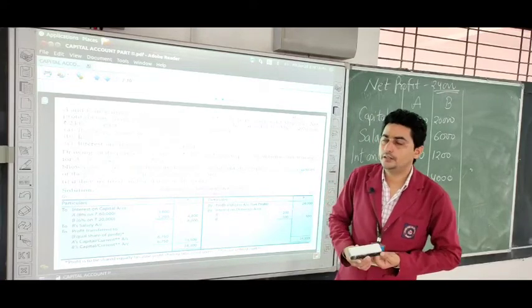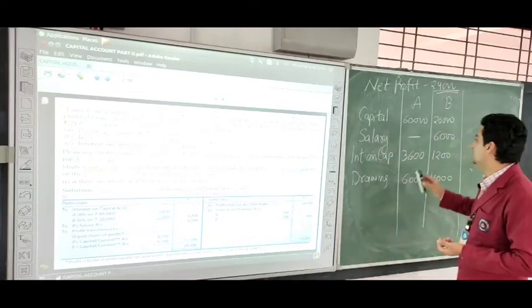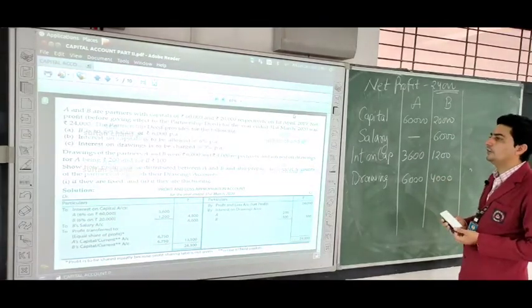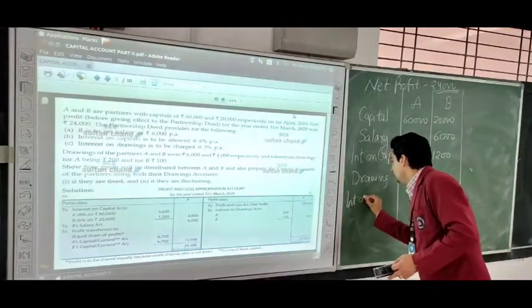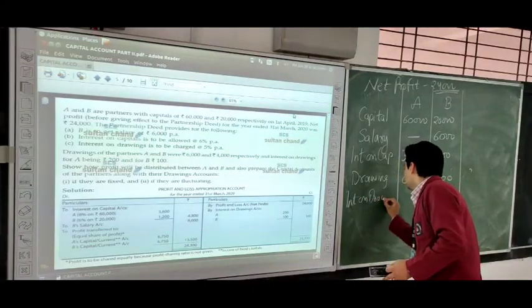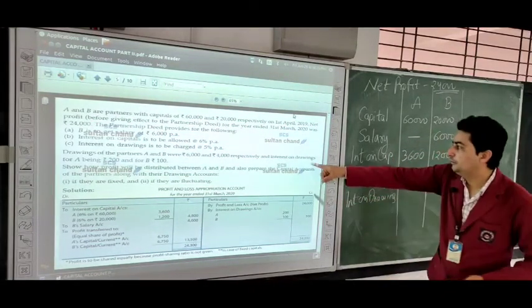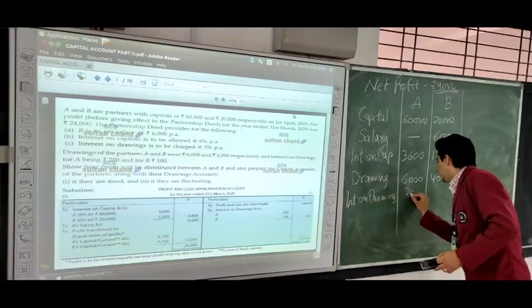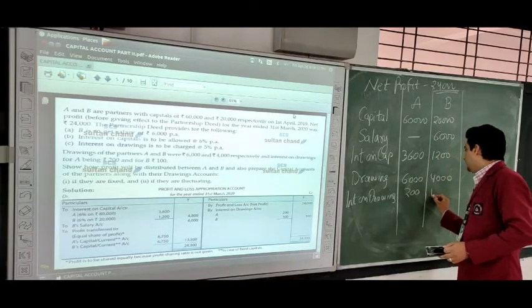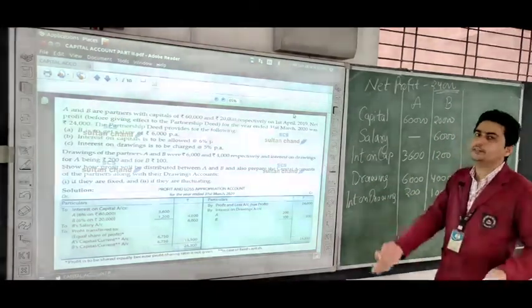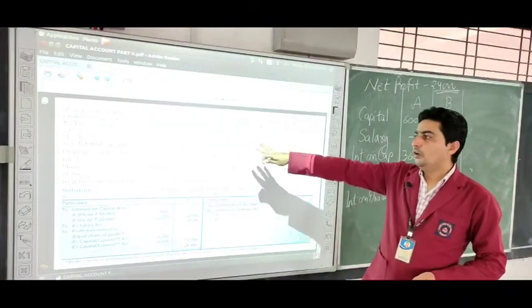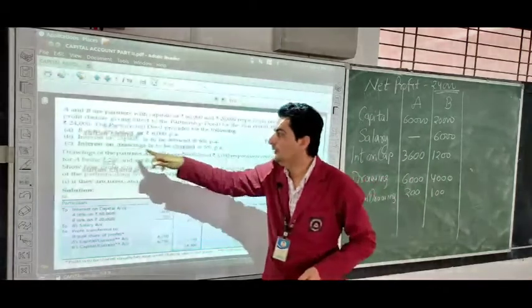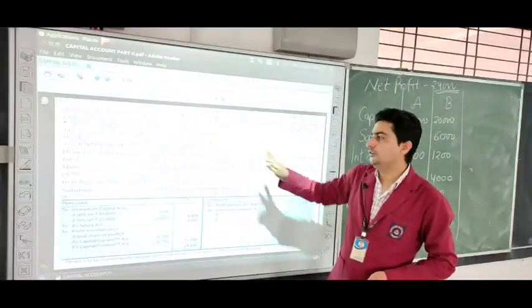So what we will consider? We will not consider this percentage of interest on drawing. What we will write, interest on drawing will be A's 200 and B's 100, because they had calculated it and given us. So we do not have to calculate it again. Okay, so we will avoid this part because this is of no use.